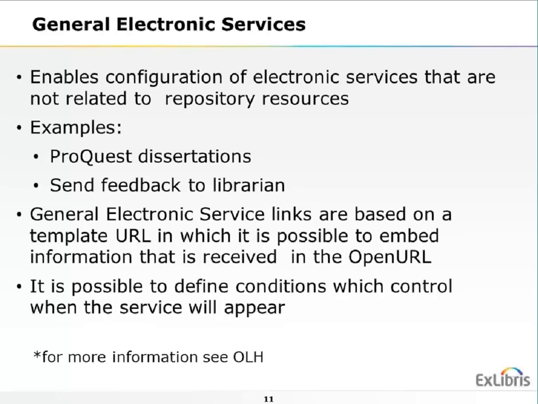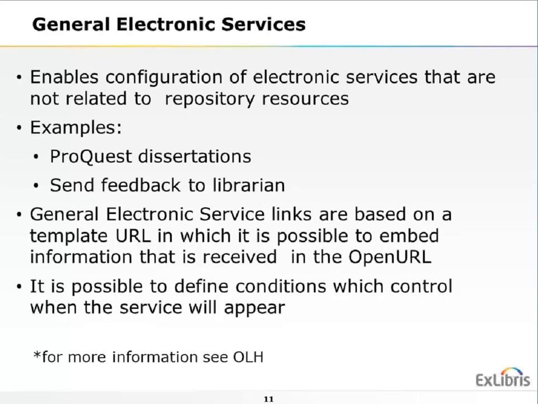So the general electronic service is something that is based on a template URL. And within that template URL, you can embed information from the open URL. You remember the context object that we talked about? The context object is the container of all the open URL elements that are sent.